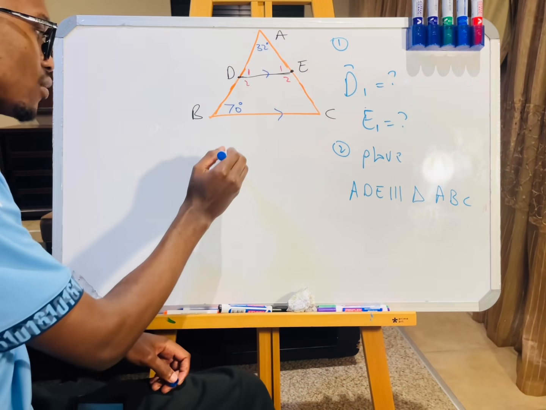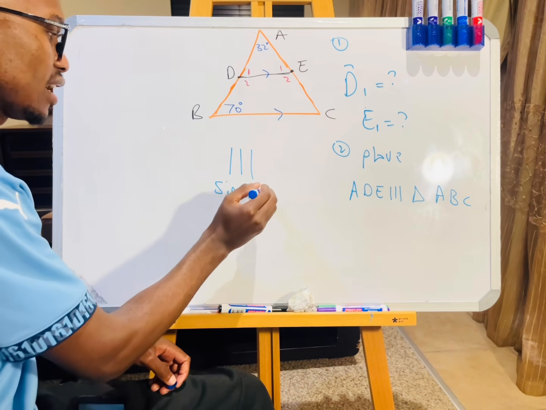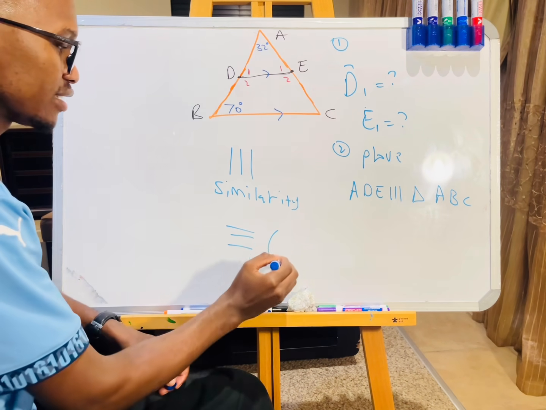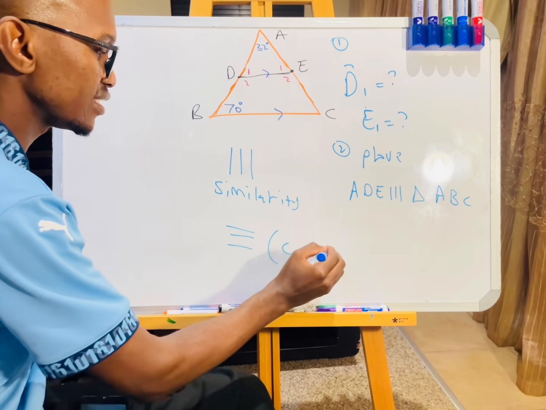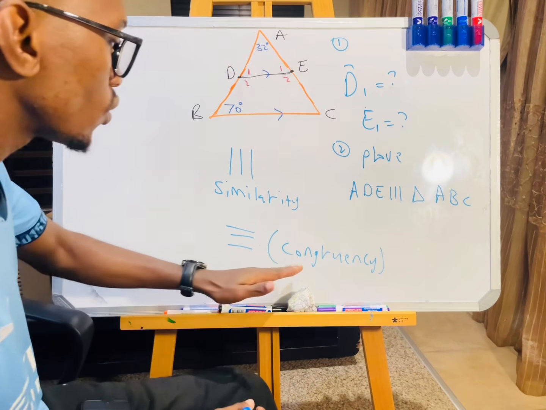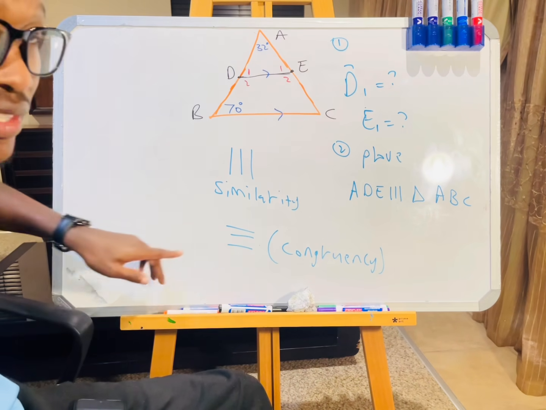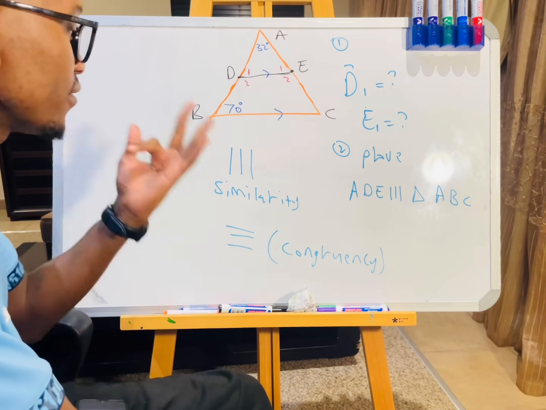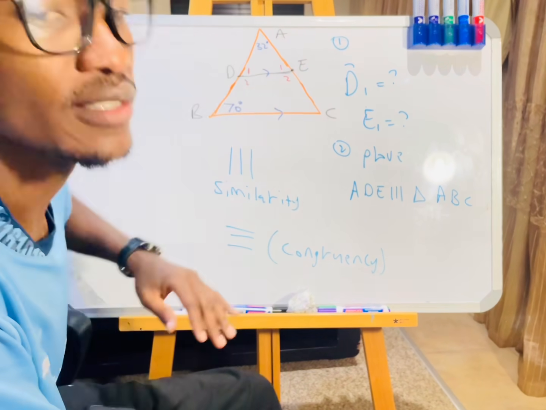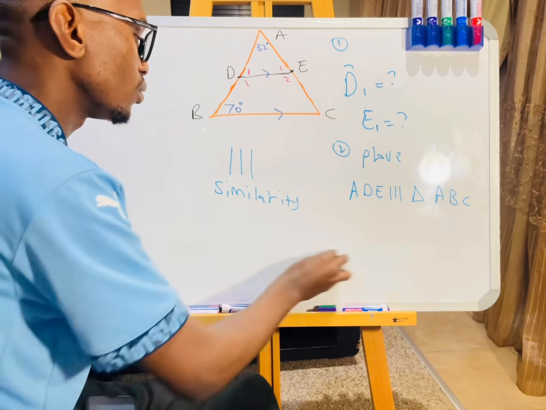Guys, this sign means similarity. And if you see these signs, it represents what you call congruency. Congruency is when you have these 3 lines moving horizontally. When you have 3 lines moving vertically, it represents similarity.